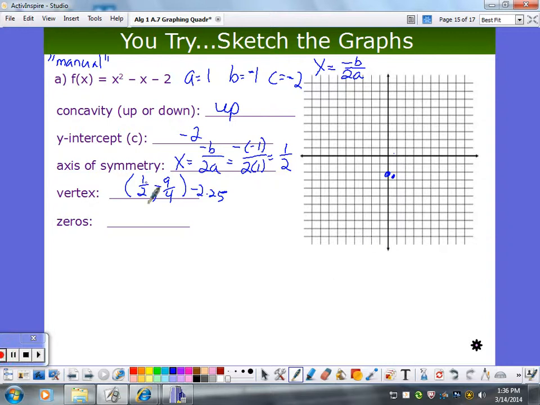If you have an x value, how do you find the y value? You take the x value and you plug it in. Is that right? Oh, wait, I went the wrong place. I did something not right. What did I do? How did I get the 0?